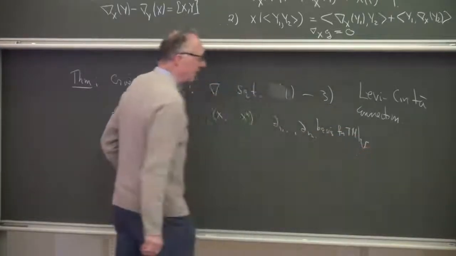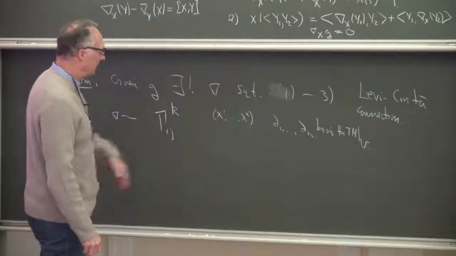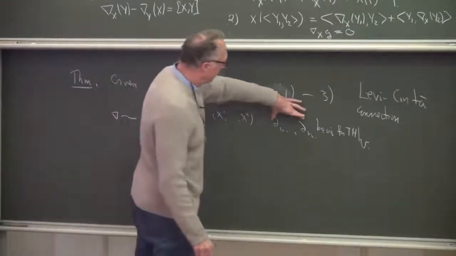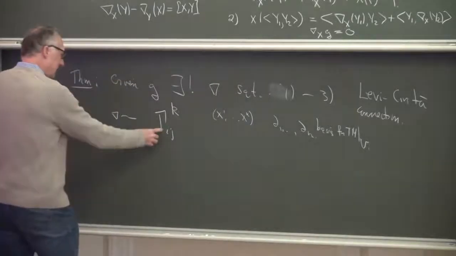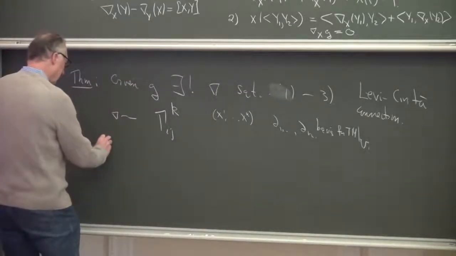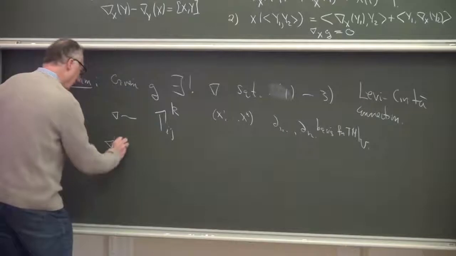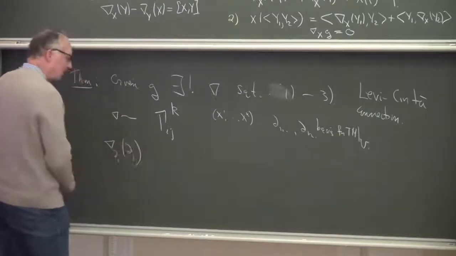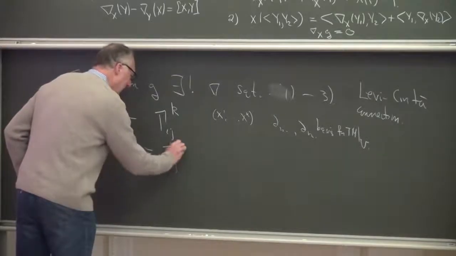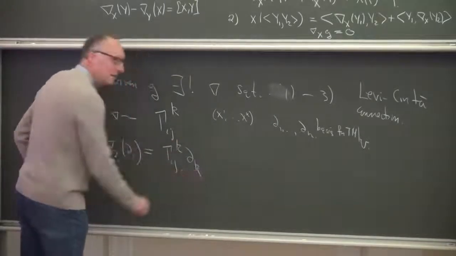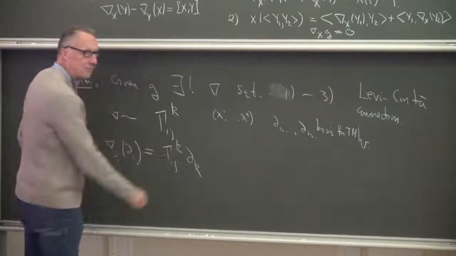So whatever open set U these coordinates exist on, this gives you a basis at every point for the tangent space. And then the Christoffel symbols are simply the covariant derivative in the ith direction of the jth partial derivative is gamma_ij^k partial_k, with the Einstein summation convention.